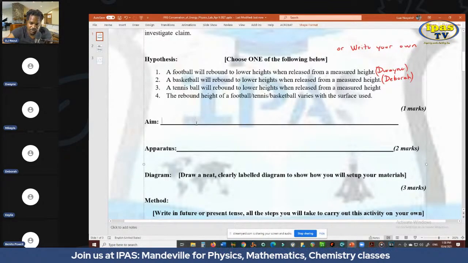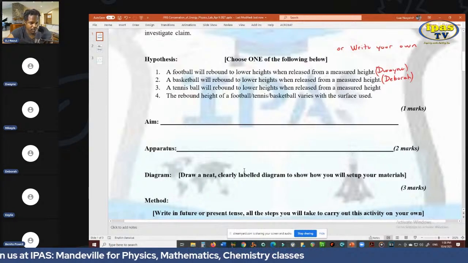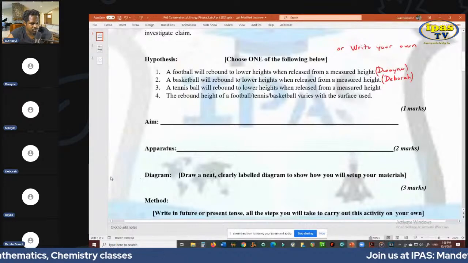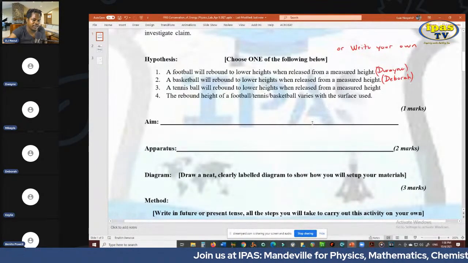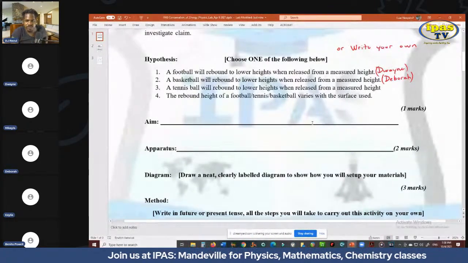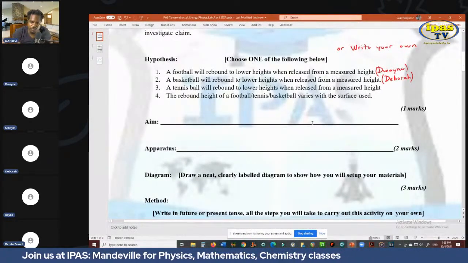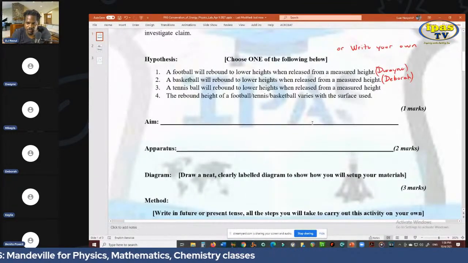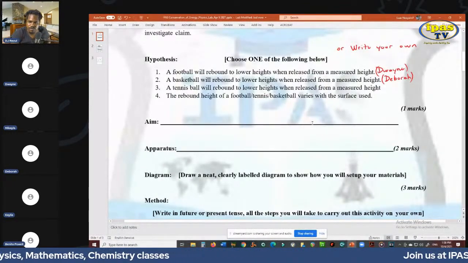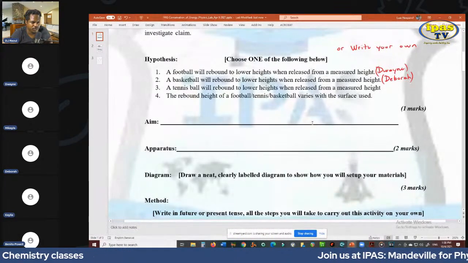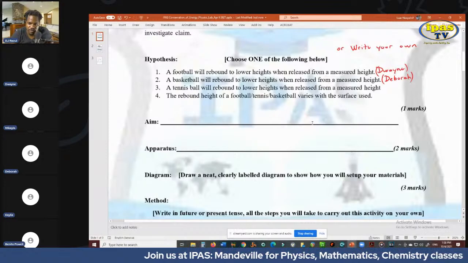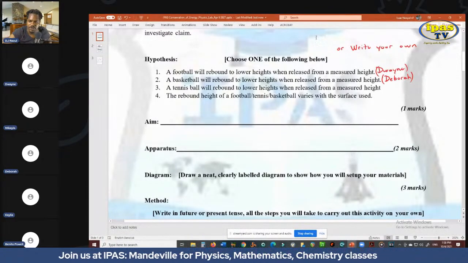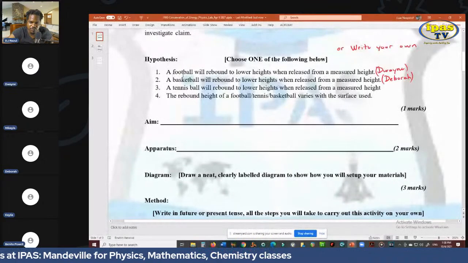Next part of this lab is the aim. All right. So anybody remember what the aim is? Usually for labs I give you an aim, but a simple trick to the aim is to just put the words 'to determine' before the hypothesis that you choose. So let's say Dwayne chose the first one.